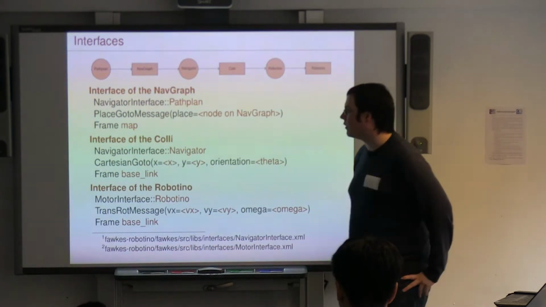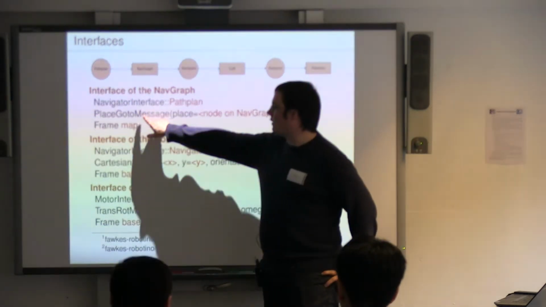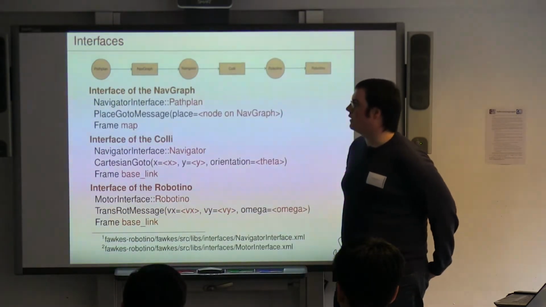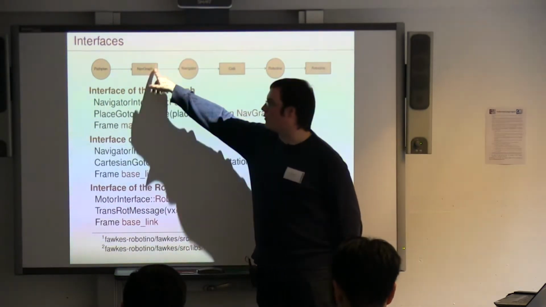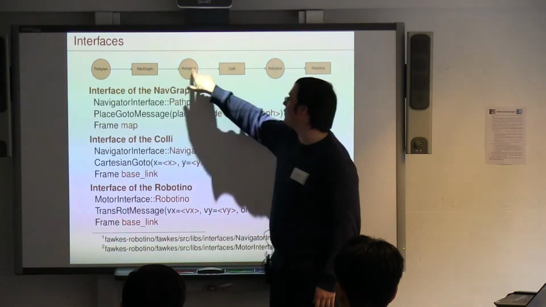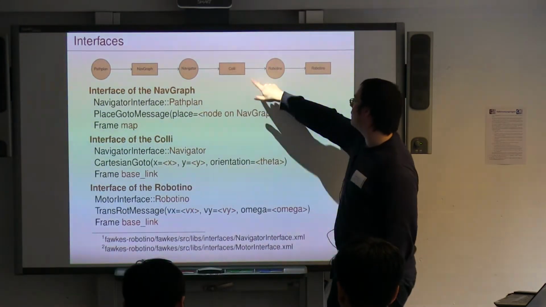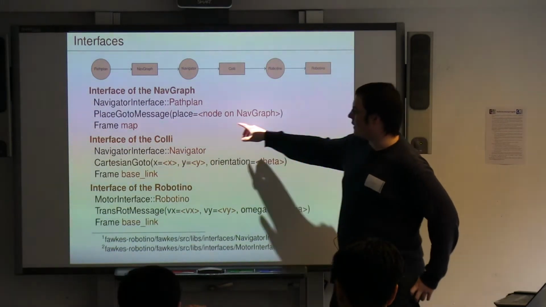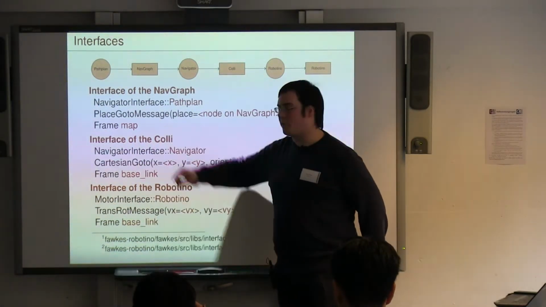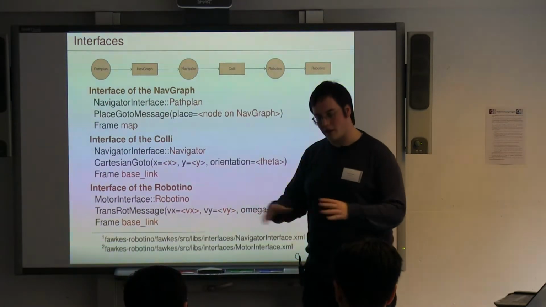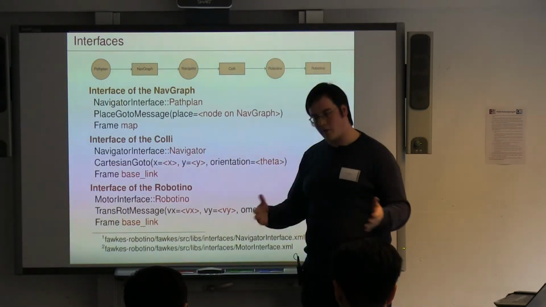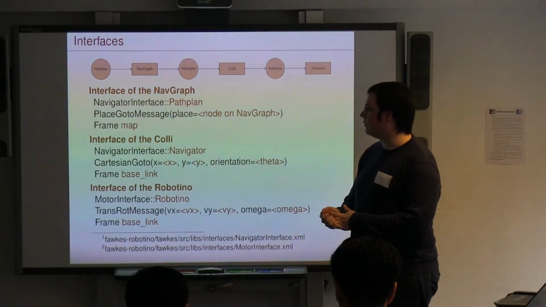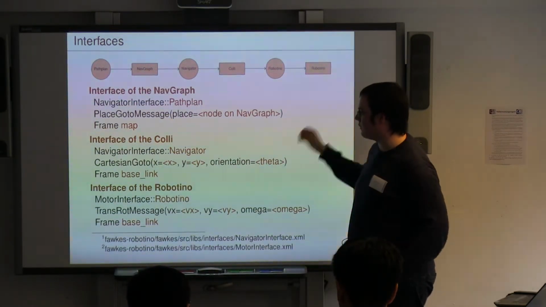You can send to that a place go-to message, which gets a place on the nav graph. And then the nav graph tries to fulfill this plan as I just described, and uses the interfaces to control the colony, which then uses this interface to control the Robotino, and so on. So that interface is in the map frame, so you define a map frame coordinate, which it tries to reach in the way I described.